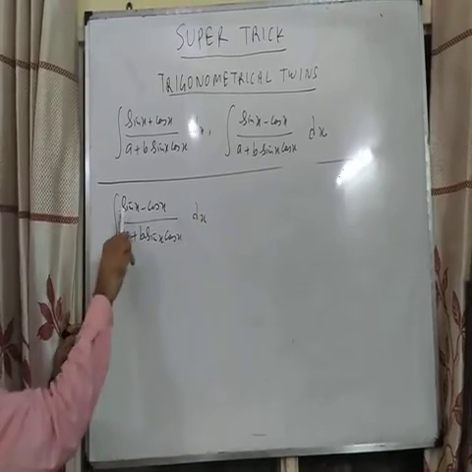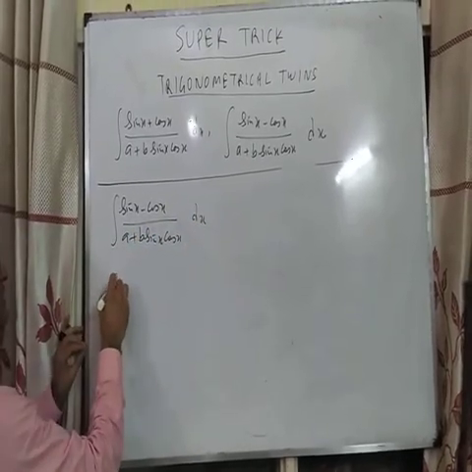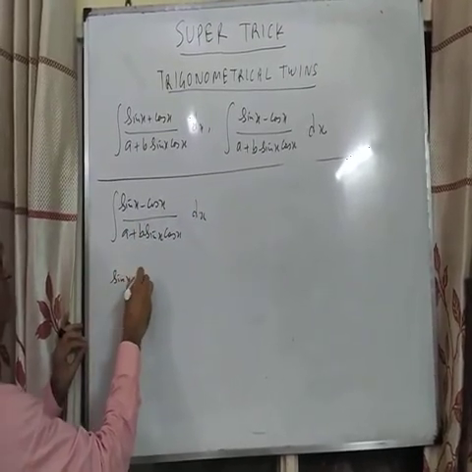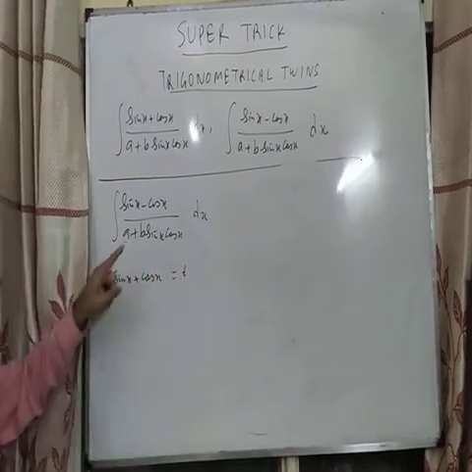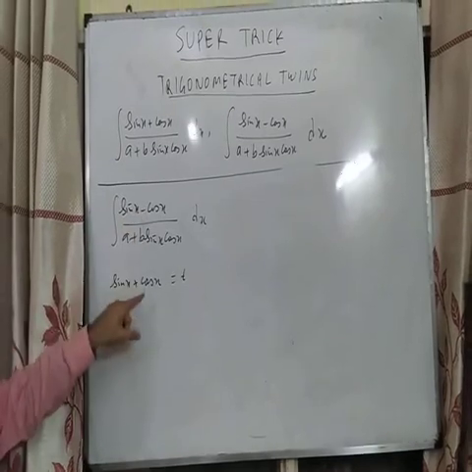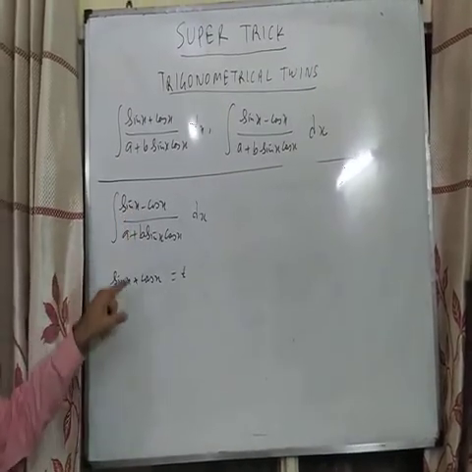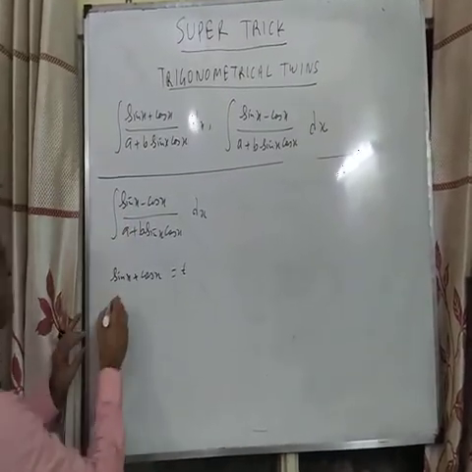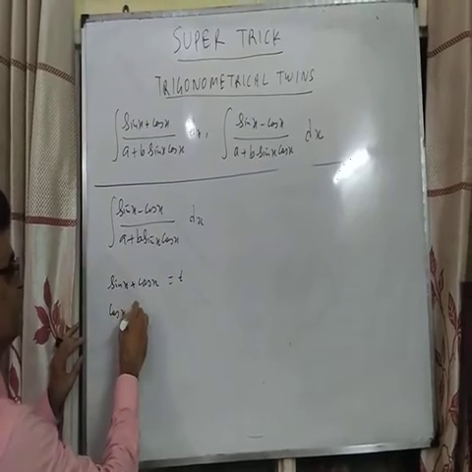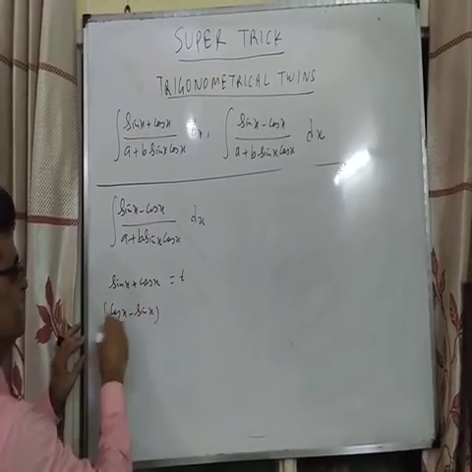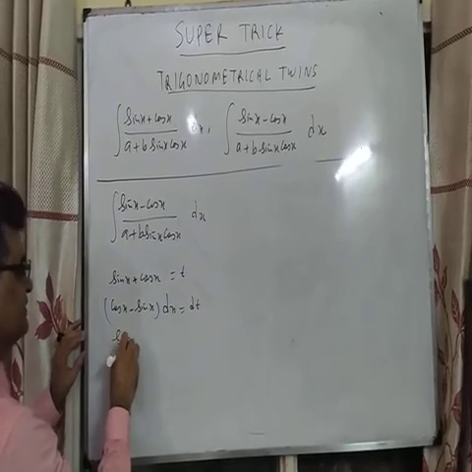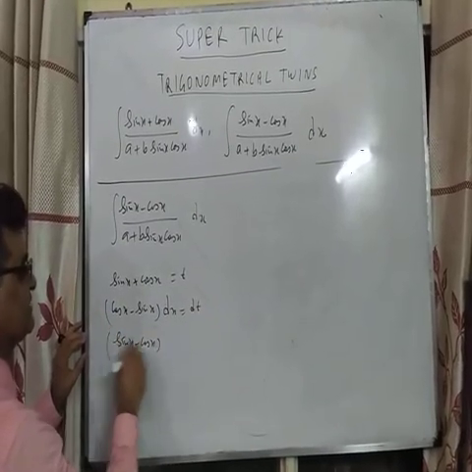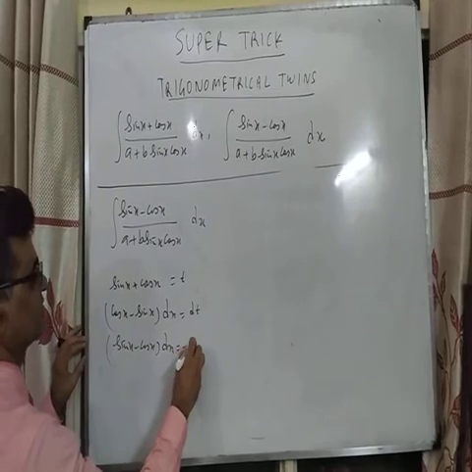So you can see that here it is sin x minus cos x, so we'll take sin x plus cos x equals t. When there will be plus or minus sign here, then we'll take plus. When there will be plus sign, then we'll take minus. Now differentiate: cos x minus sin x dx equals dt. It means sin x minus cos x dx is equal to minus dt.